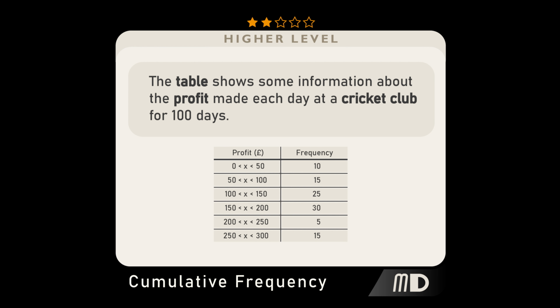The table given to us has 2 columns and 6 rows. The first column represents the profit in pounds made by the cricket club. The groups are intervals of £50, beginning at 0 and increasing to £300.